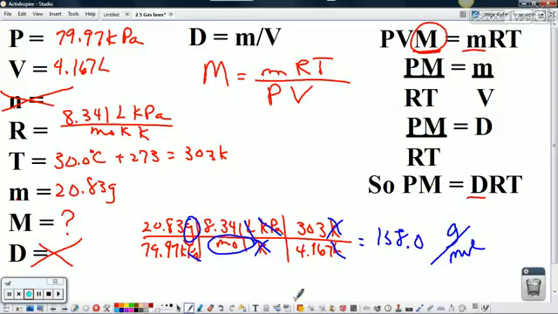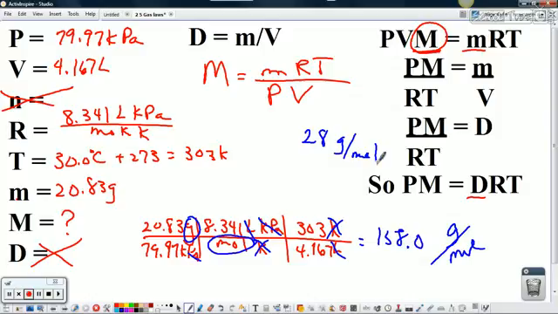Suppose I had done all this work, plugged in all my numbers, and come out with an answer of 28 grams per mole. What gas might that be? Look at your periodic table. There are not many gases on it, so let's look at them systematically.